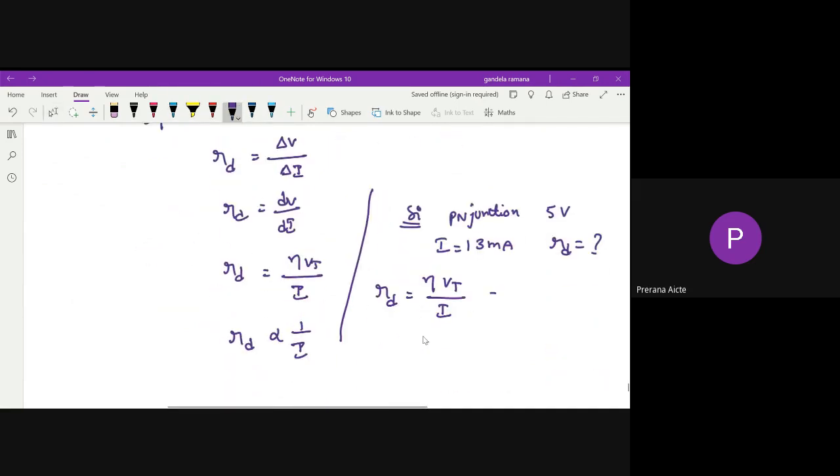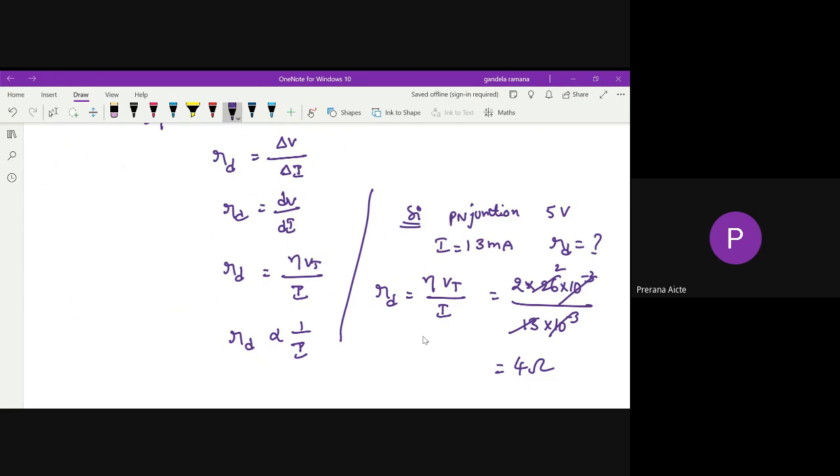So 2 into 26 milli divided by 13 into 10 power minus 3 gives 4 ohms. So this dynamic resistance is 4 ohms.